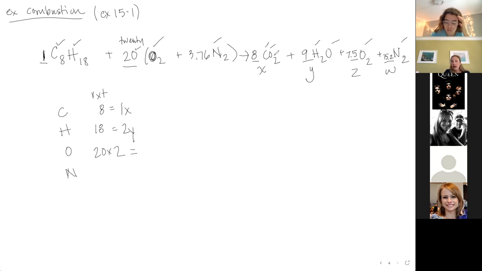On my product side, I have 2 as an X, 1 as a Y, 2 as a Z, and none as a W. And then for my nitrogen, I have 20 times 3.76 on the reactant side, and on the product side I have 20 times 3.76 times 2, right? Because I have 2 of these nitrogen, and then I have 2 of my W.